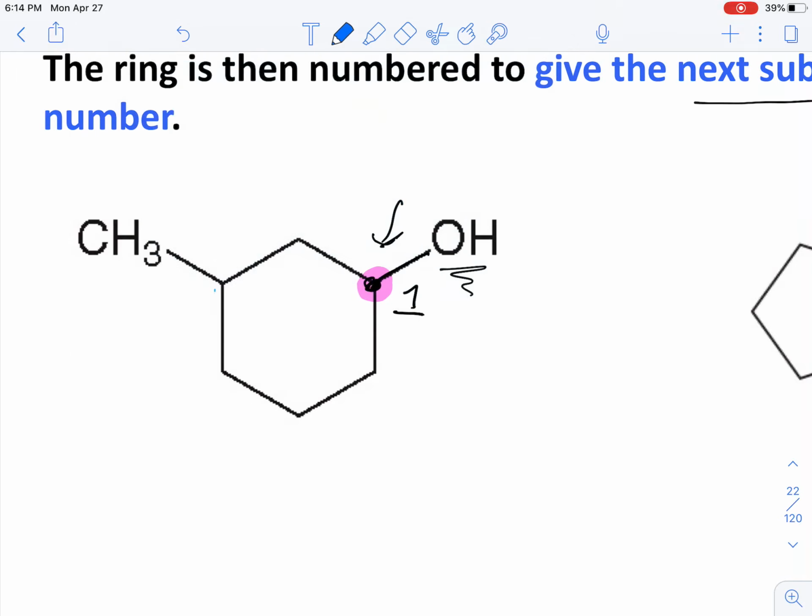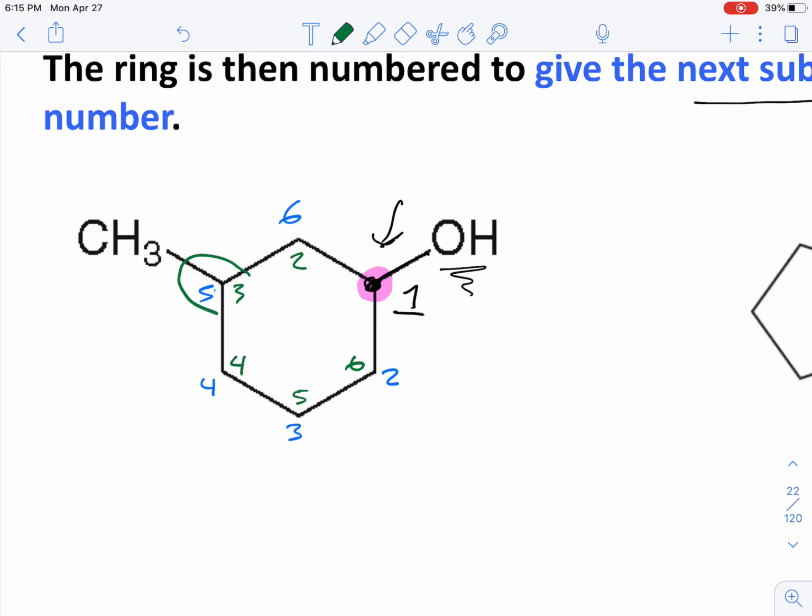I'm going to represent clockwise with blue. So if this is number 1, this is number 2, 3, 4, 5, 6. If I go counterclockwise, I'm going to use green: it's going to go 1, then 2, then 3, 4, 5, 6.